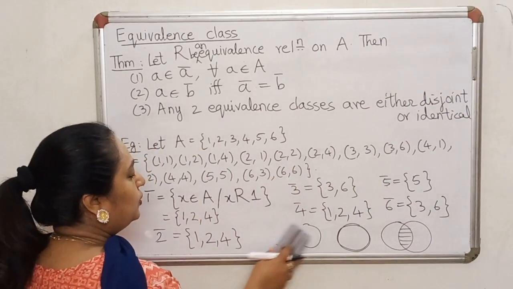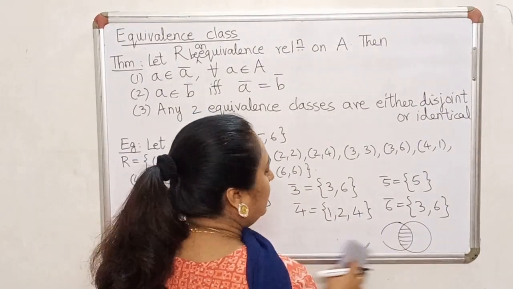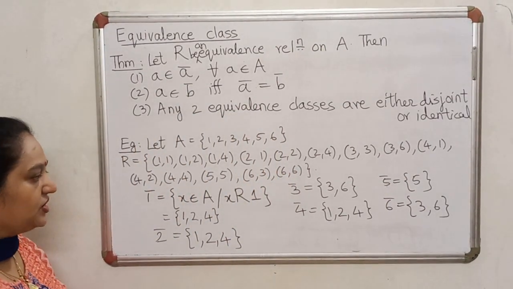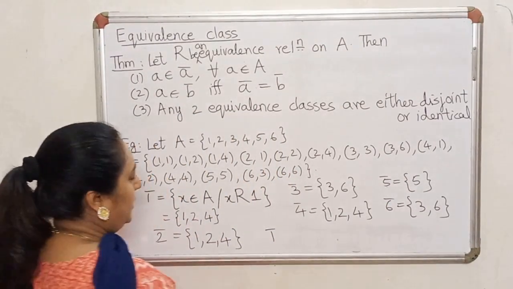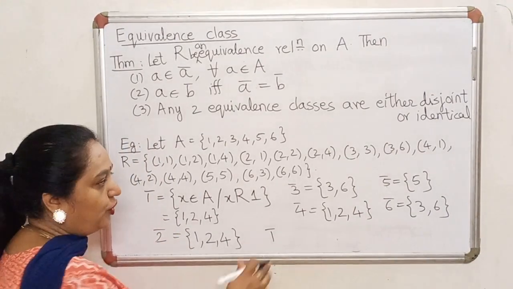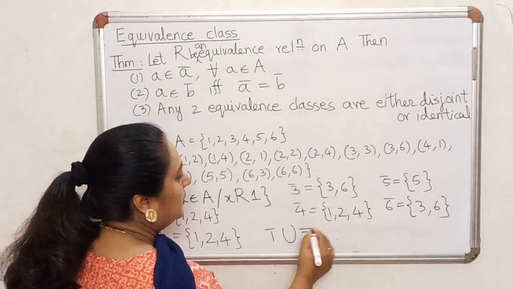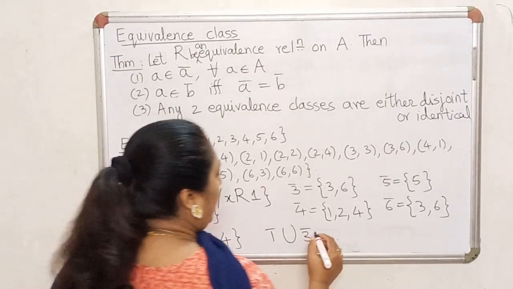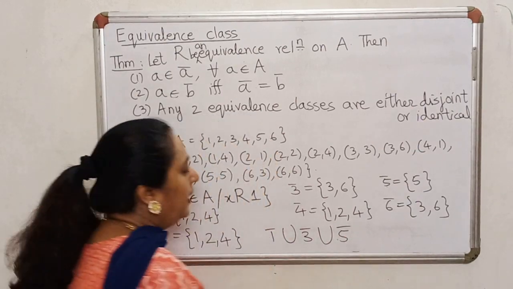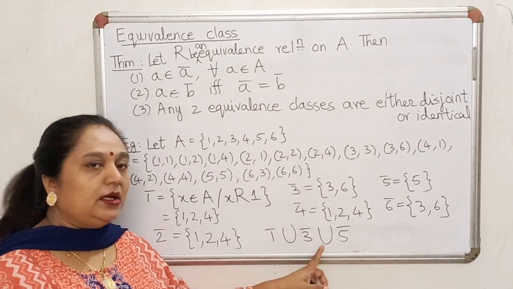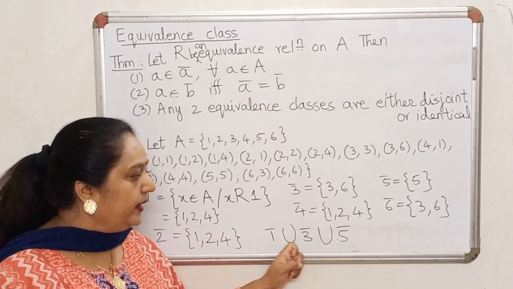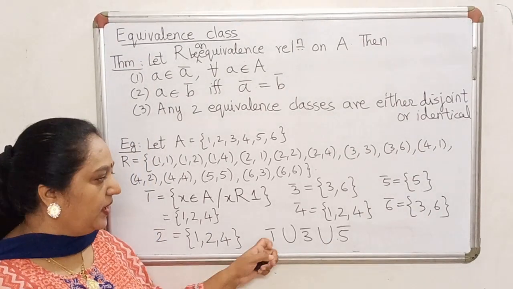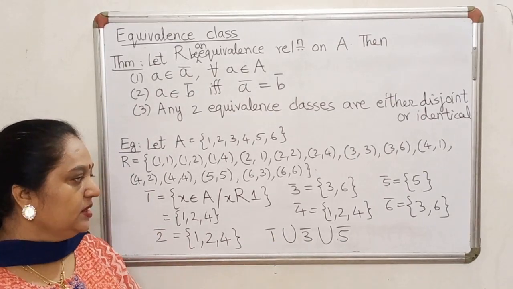Finally, what I want you all to do is look at the distinct equivalence classes in this example, the ones which are different. 1 bar is different, 2 bar is the same as 1 bar, so drop 2 bar. 3 bar is different, take the equivalence class of 3, and 5 bar is different. So if I take all distinct equivalence classes and I take their union, pause the video and check out what happens to the union of these three.